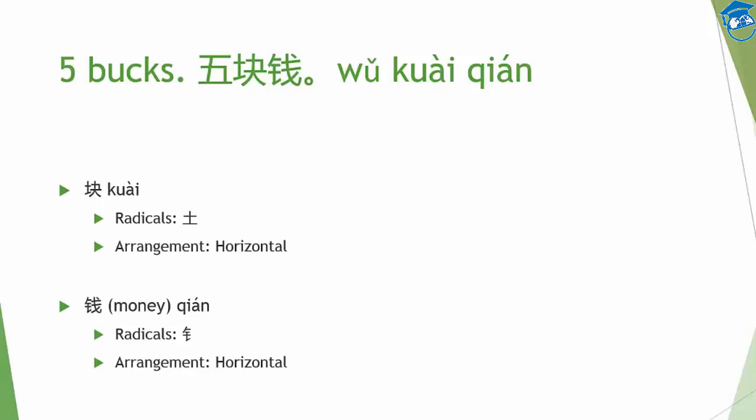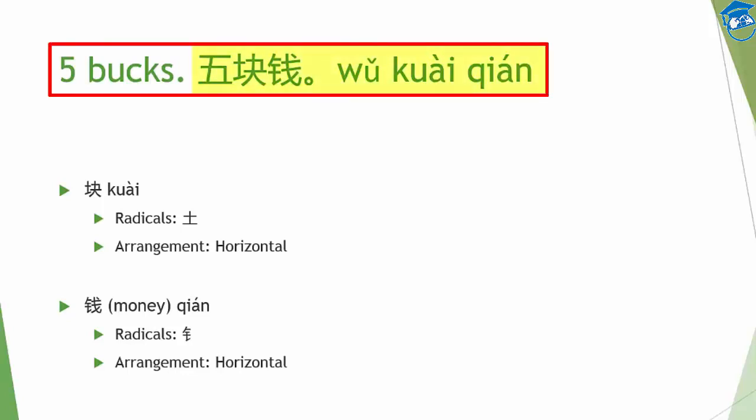Okay, so in Chinese as well, formally we say yuan, but in informal conversation, we will say $5 as 5块钱. So this is a much more common way of Chinese people say about currency in daily life.